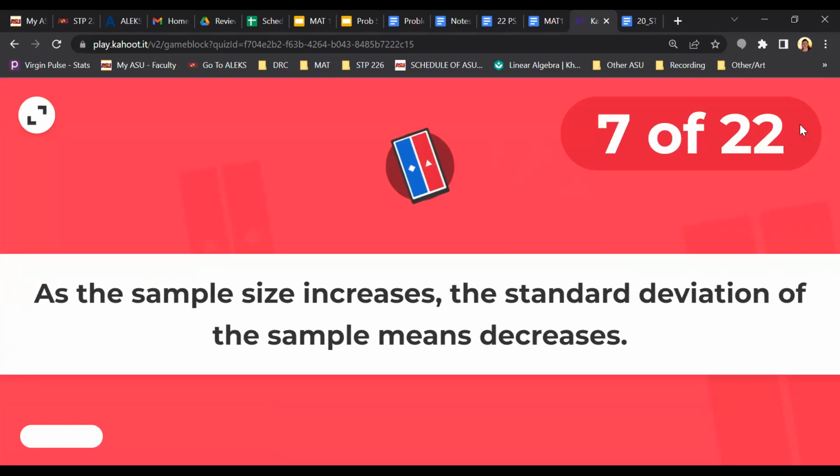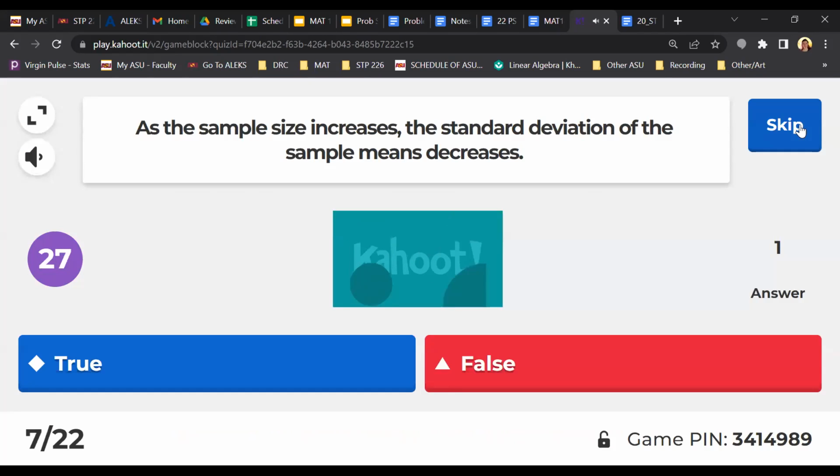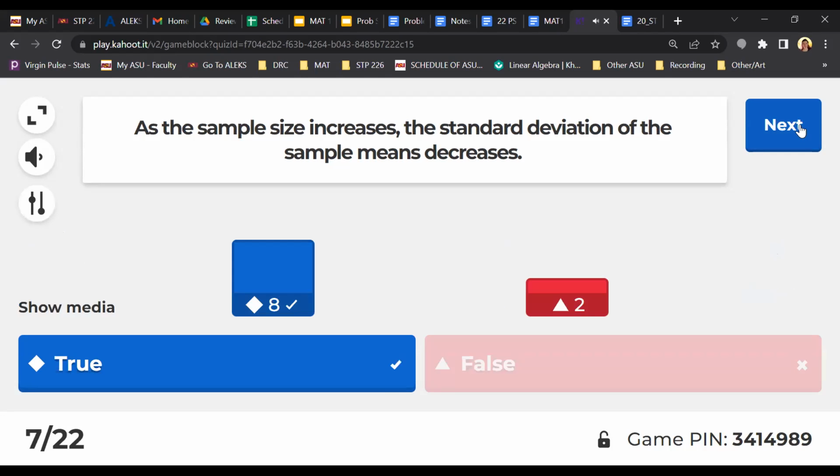All right, true or false? As the sample size increases, the standard deviation of the sample means decreases. True or false?